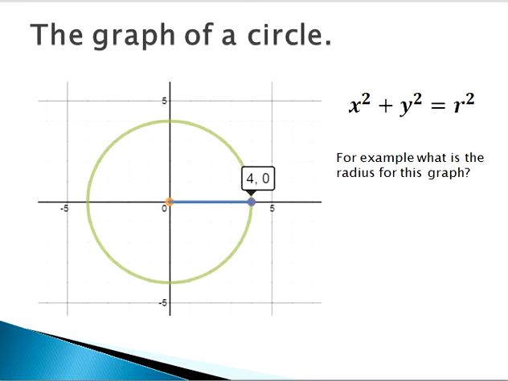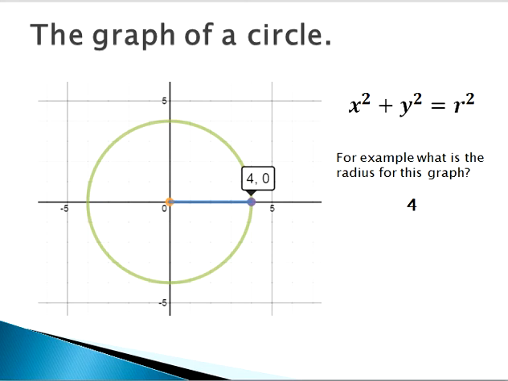For example, with this graph, we're looking at the radius, and we see that there's one point on our circle that is (4, 0). And that exact point is the radius away from the origin, just like any other point on the graph.